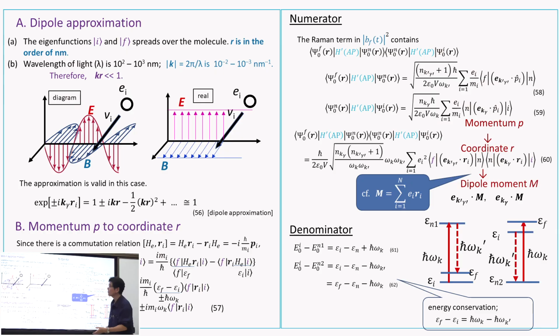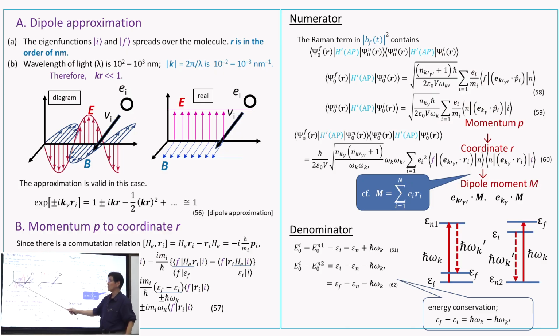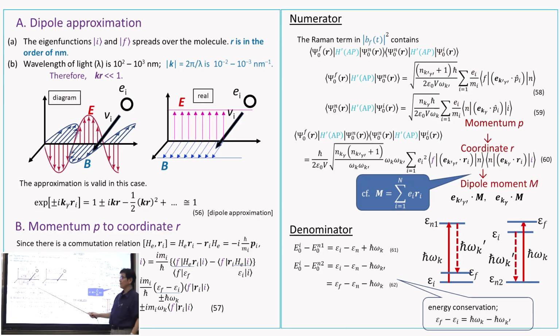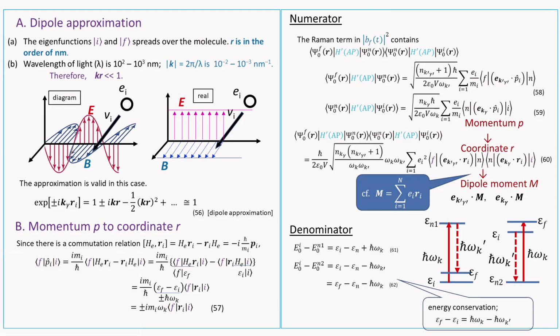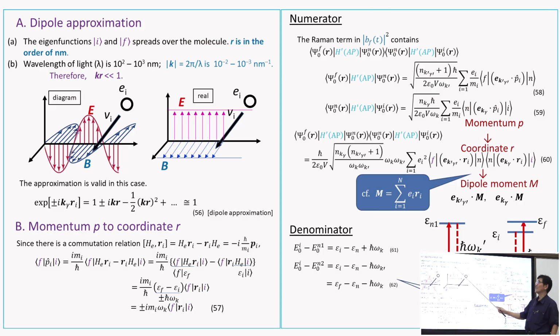On the other hand, we also consider the electromagnetic field. What is the wavelength? Green light, 532 nanometer YAG laser, nearly 500 nanometer. So let's think about 10 to the second or 10 to the third nanometer. Then the length of the wave number vector is equal to 2 pi over lambda, and this is on the order of 10 to the minus second to 10 to the minus third nanometer inverse.